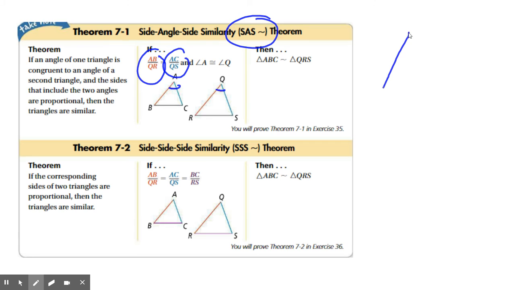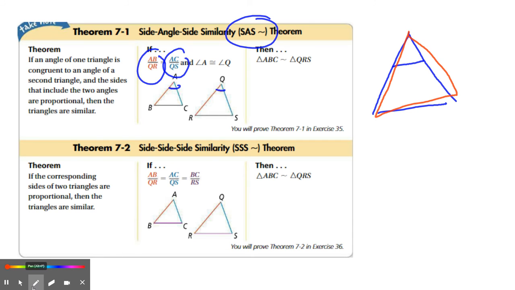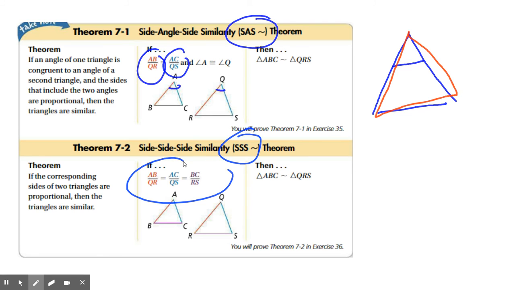Remember, the famous picture is this. You have the triangle inside the triangle, right? So these two triangles, the small triangle and the big triangle would be similar. Be aware of that. And then you have side, side, side, where all three ratios are the same.